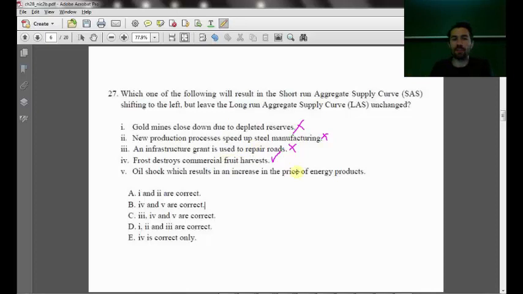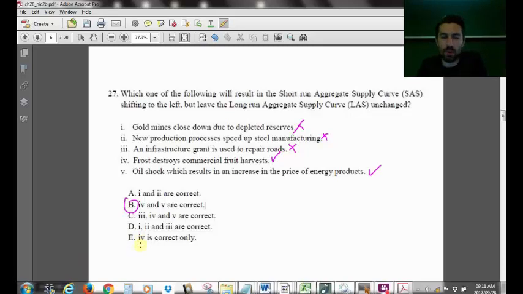So number 5 is usually a short-run effect only. It can have a long-run effect, but it's not normally the case, which would give us B, right? Yeah, that looks good.